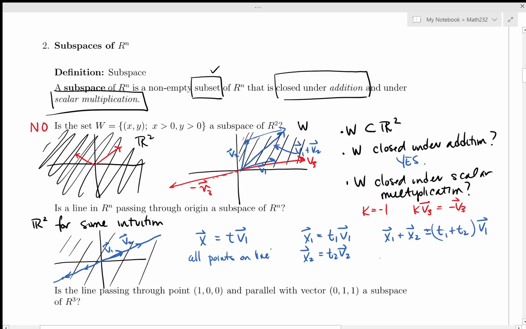If I take x1 times some number k, that will look like this: k times t1 v1, and then this thing is just some number, and then I see that that is still on the line. So yes, the answer to this one is yes. A line through the origin in Rn is a subspace of Rn.